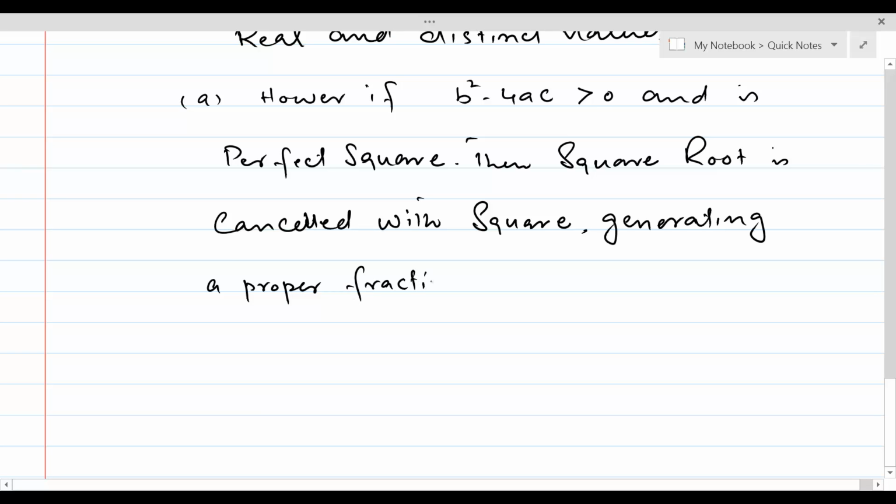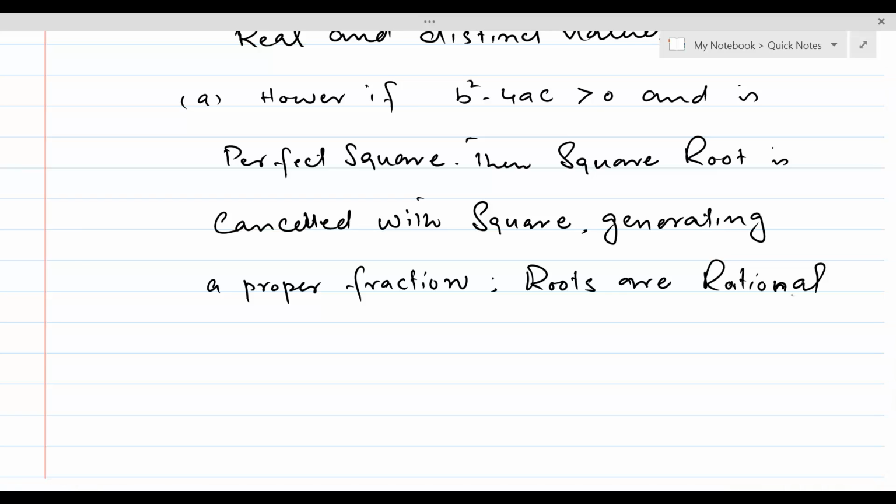And in that case, roots are rational. So if b square minus 4ac is a positive number and at the same time is a perfect square, then the roots of the equation ax square plus bx plus c are not only real and distinct, but they are rational as well.